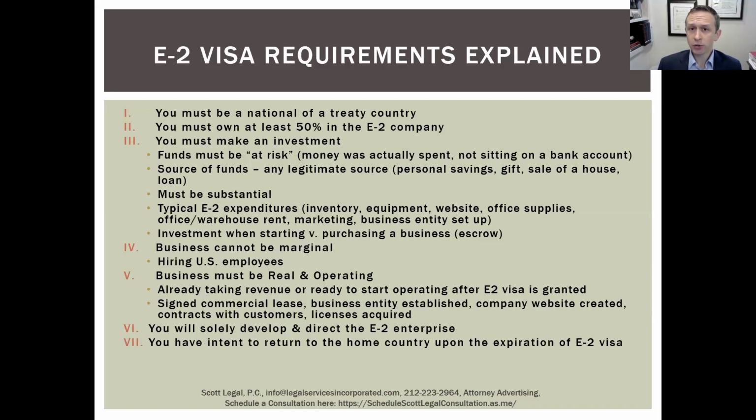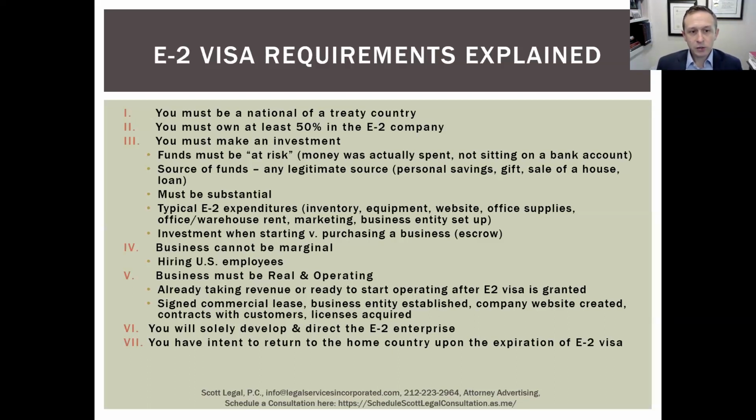If you're able to show the government that you already employ US workers, oftentimes other aspects of the application are not as important. For example, if you have a low investment amount, it's not as important if you can show the government you already employ US workers, you already have a business that's operational. So keep that requirement in mind, the requirement to employ US workers. Consular officers are usually looking at applications to be convinced that this is a business that will actually employ US workers. So that's a key requirement.